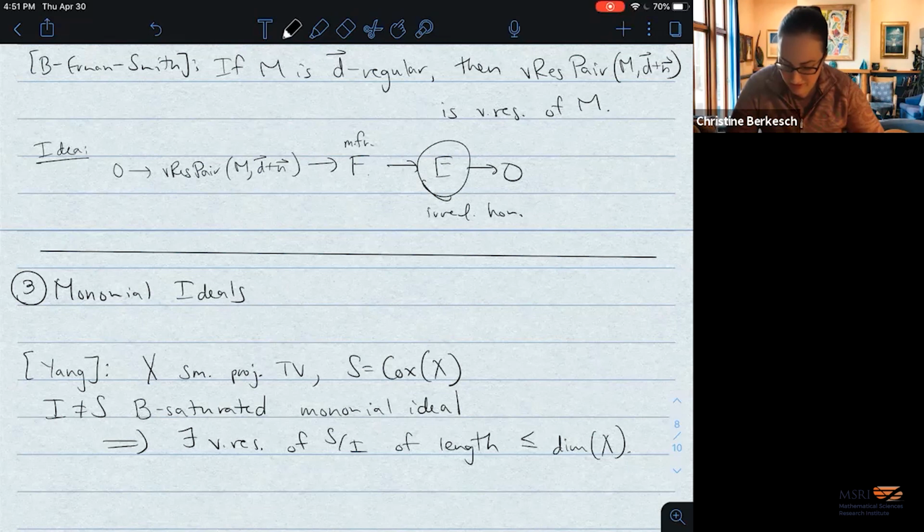So Jay uses a cellular resolution that he builds up of S mod I and shows that that is a virtual resolution, or actually a resolution of a B-saturated equivalent ideal. But then that's actually still too long. So it's still one too long.